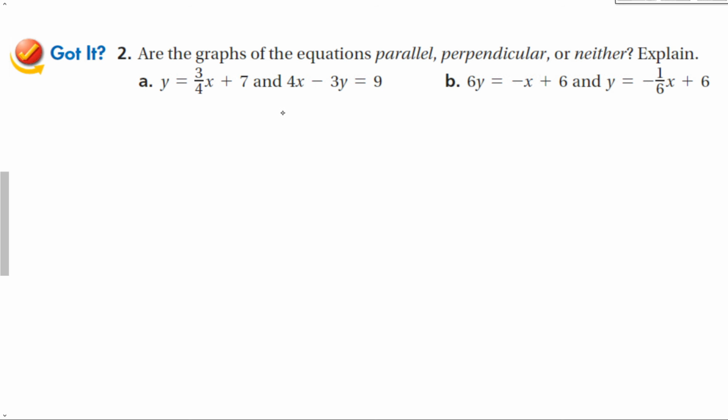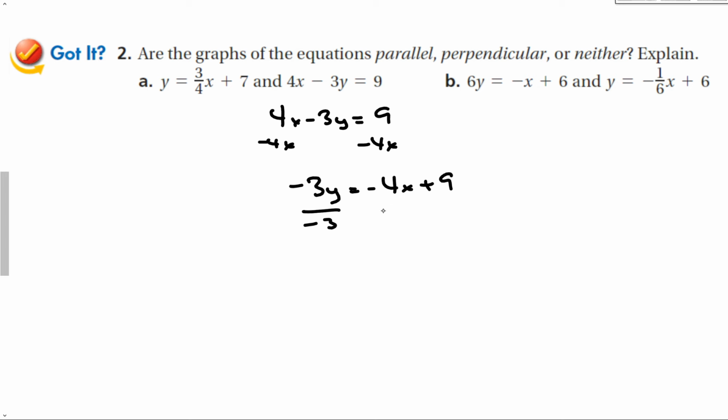So let's change this one. 4x minus 3y equals 9. Got to get y by itself. So subtract 4x from both sides. That's -3y is equal to -4x plus 9. Divide out the -3. That gives me y is equal to 4/3x minus 3.